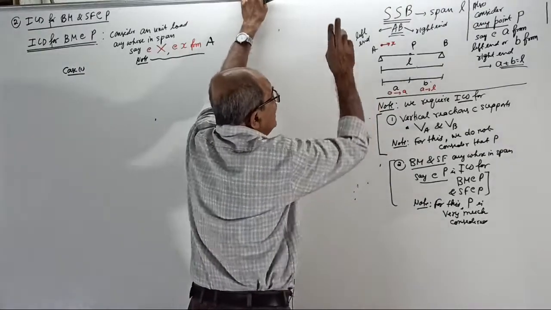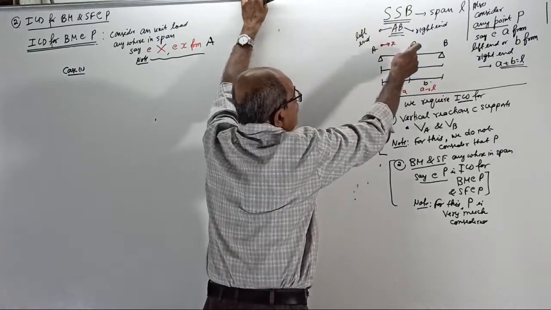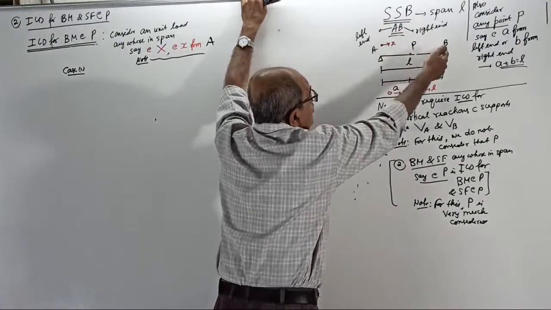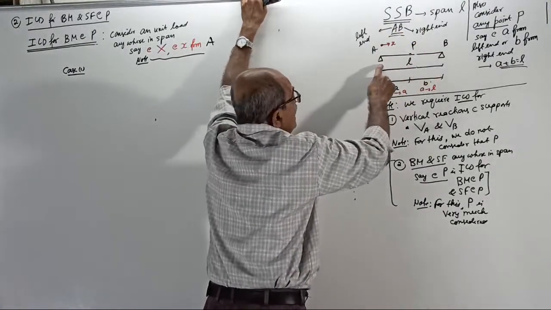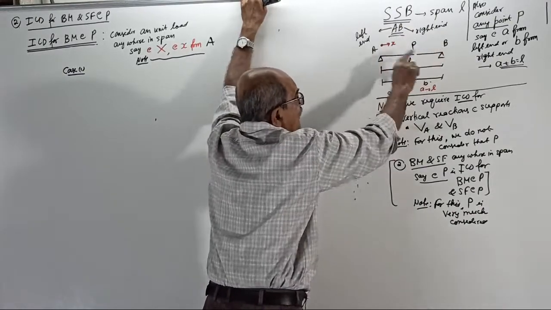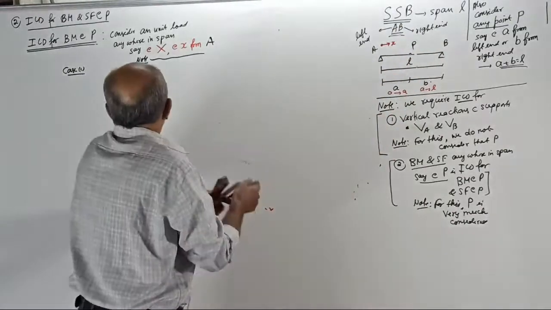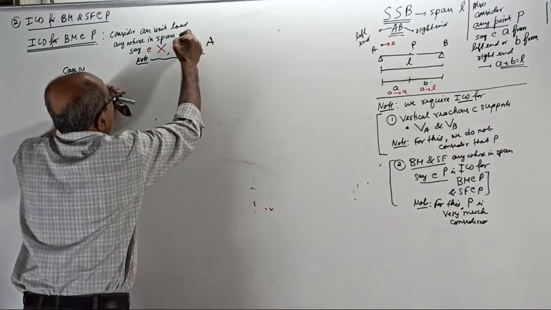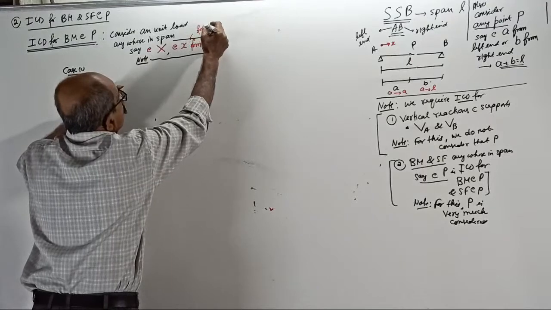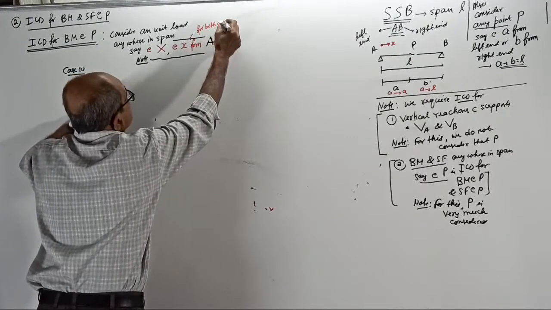First you consider the load anywhere between A and P. Next you want the load after P, before B. So by putting limits A to P, P to B, in both places we are taking X from A only. X from A only for both cases. Okay, sir.